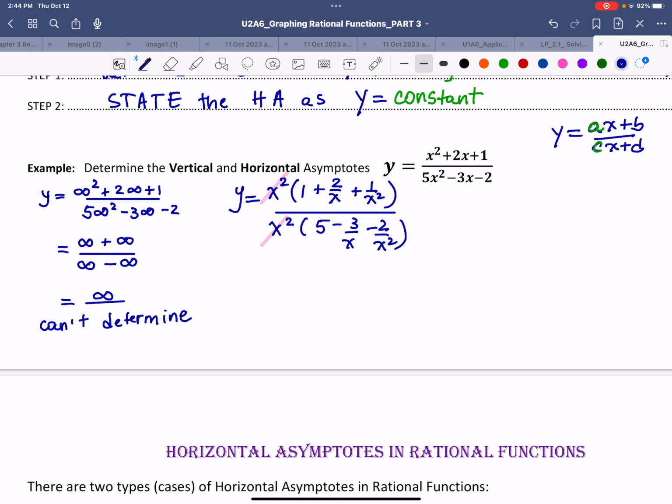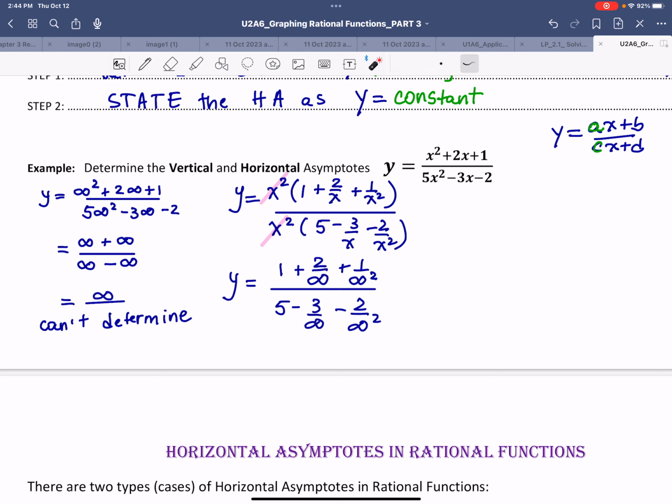The equation of this function is y equals 1 plus 2 over x plus 1 over x squared, over 5 minus 3 over x minus 2 over x squared, and I will substitute x by infinity at this point: 1 plus 2 over infinity plus 1 over infinity squared, over 5 minus 3 over infinity minus 2 over infinity squared.